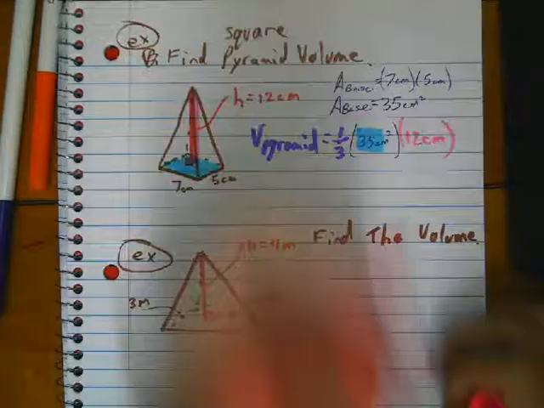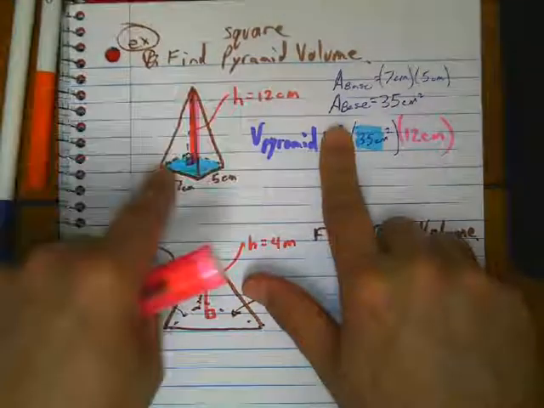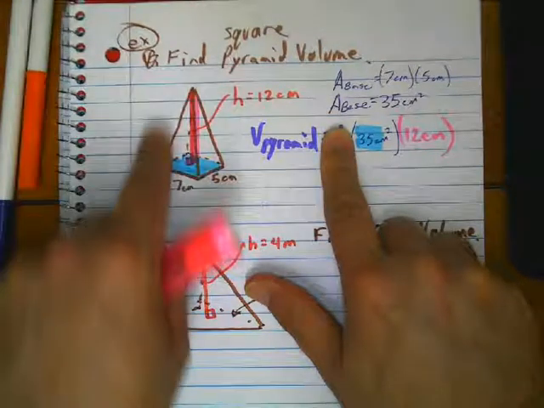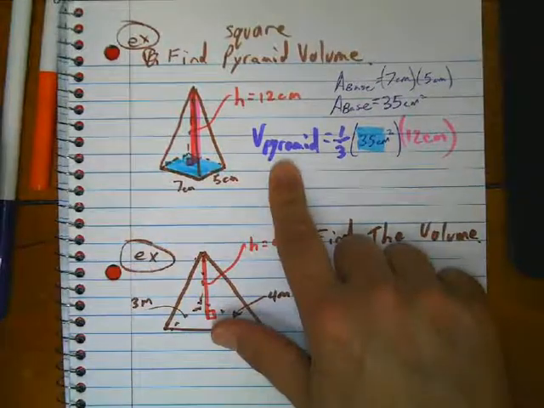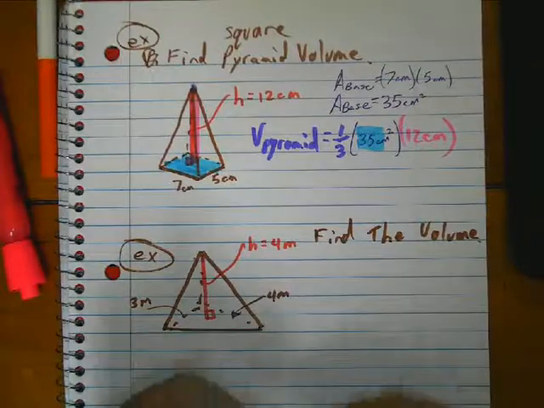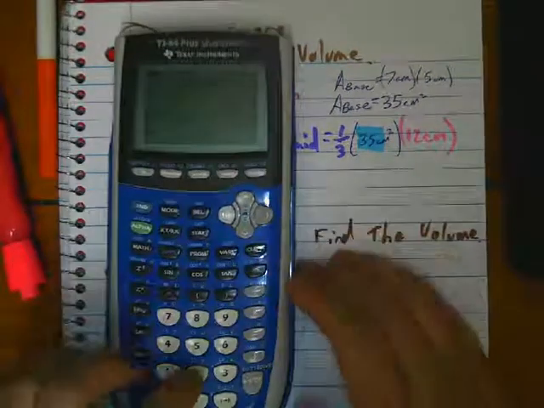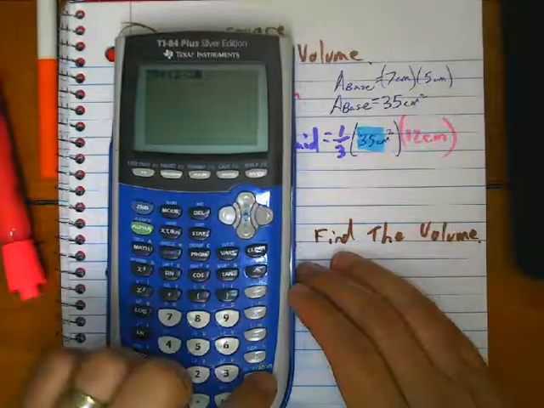Okay, so if I only use the blue and the pink, that would give me the volume of the prism, sorry. But by multiplying it by 1/3, that gives me the volume of the pyramid, because it comes up to a point. Okay, so let's do this. 35 times 12 divided by 3, and I get 140.